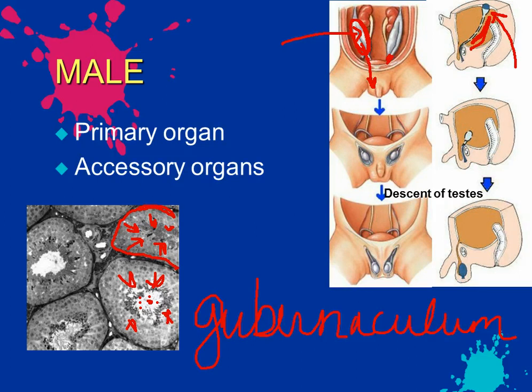And as the fetus grows in size, it's not like this pulls down. It's that the whole rest of the body gets bigger, and as the rest of the body gets bigger, the testes, which are kind of tied down right there at the body wall, just kind of end up at the bottom of the pelvic cavity, and fall into some little folds of skin called the scrotum that you see right there.